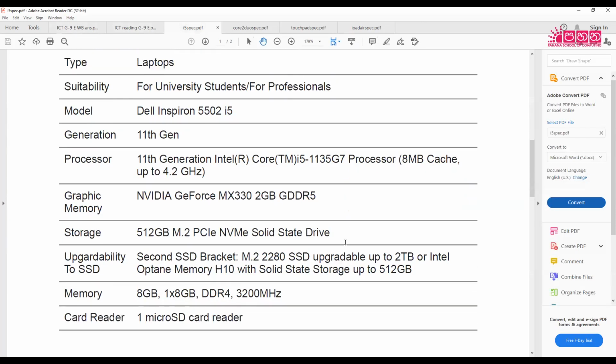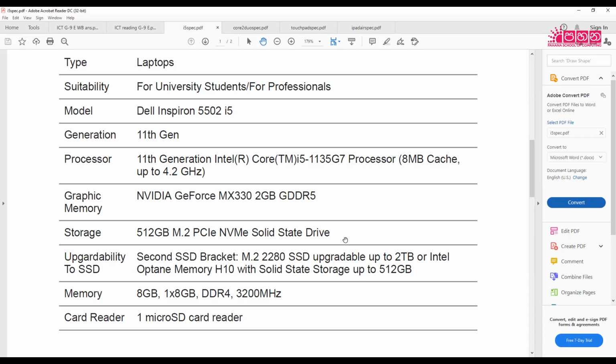Right? What is the hard disk space for i5? Yes. What is the size? Yes, Tenhiro.